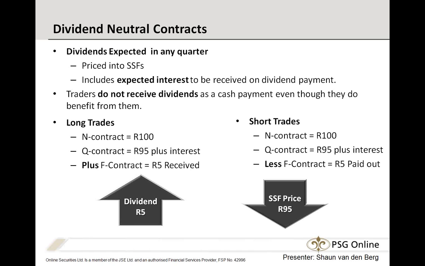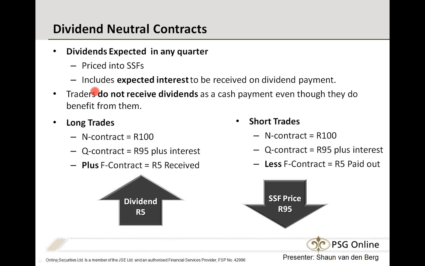At PSG, we trade what we call dividend neutral contracts. In other words, you don't actually receive the dividend. So how does it work? We talk about an end contract. If you look on the left-hand side here, let me just get my spotlight. So we talk about an end contract. The total value is 100 rand. Then it's broken down into a Q contract and an F contract. The Q contract will be the underlying share price.